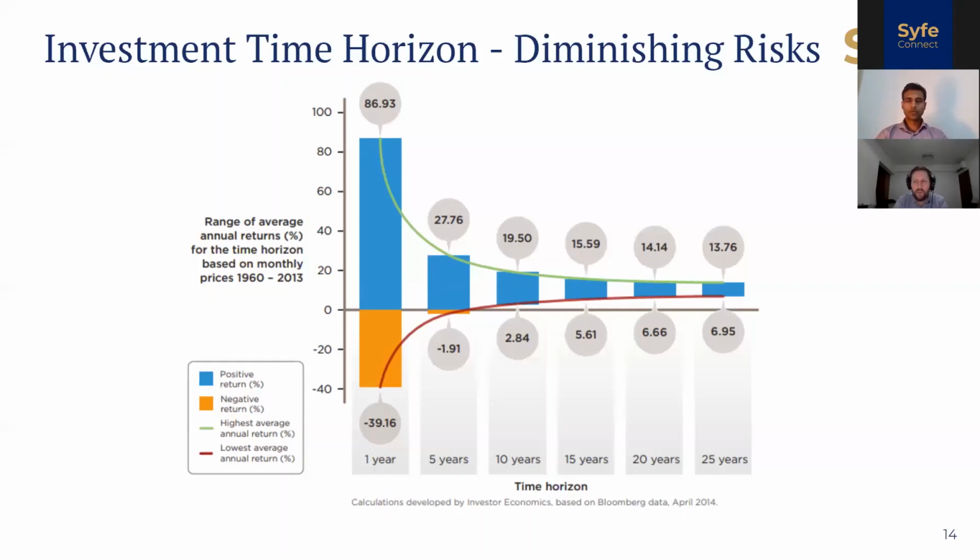If we were to only invest over a time horizon of 1 year, the first grey bar, the outcome of investing in that 1 year could be 86.93% of growth, or actually it could be negative 36.16% on average.